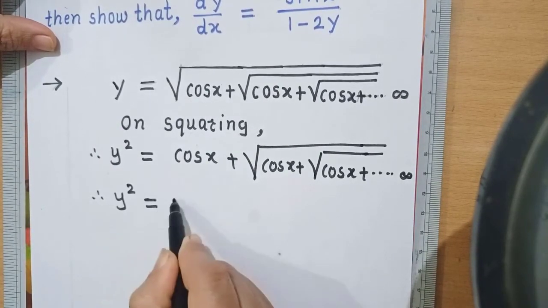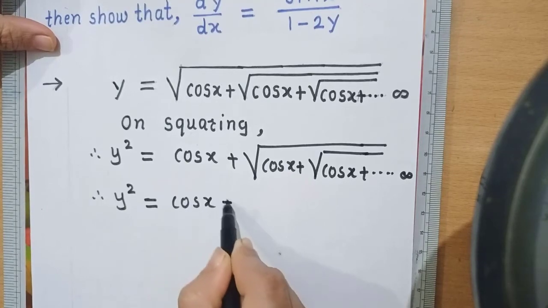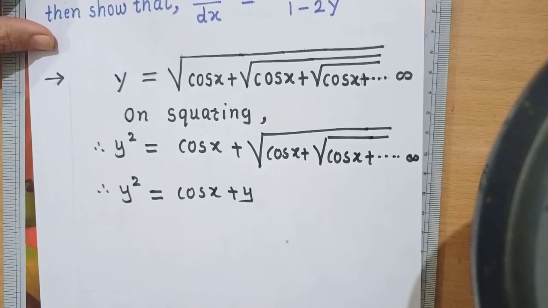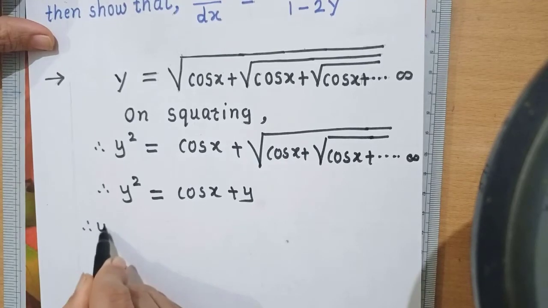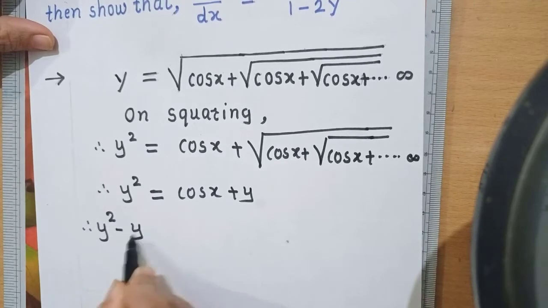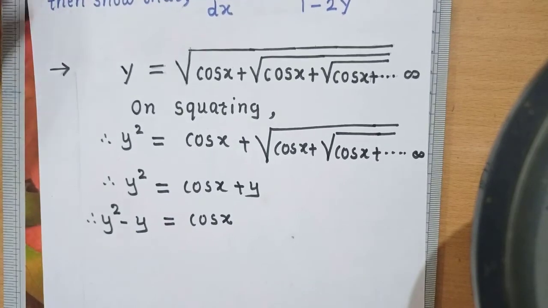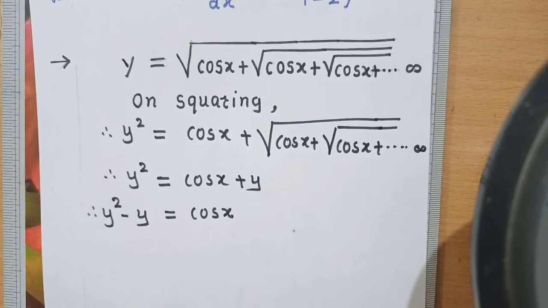So y square is equal to cos of x plus y. Now again keep all y terms to the LHS. Therefore y square minus y is equal to cos of x. Now this is in simplest form.